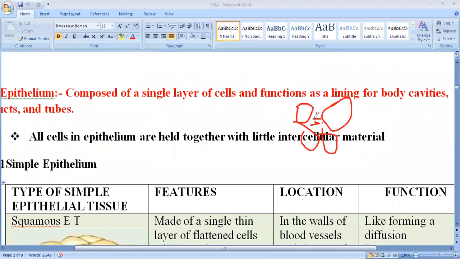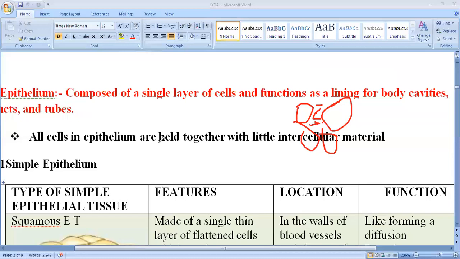Due to this, they are compactly packed and involved in protection. Intercellular material, as I already told, is matrix and some glycoprotein nature like collagen, matrix, fibers. So in epithelial tissue, there is no or little intercellular material present.